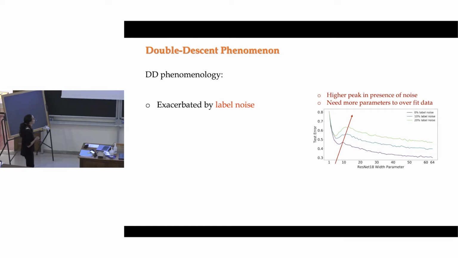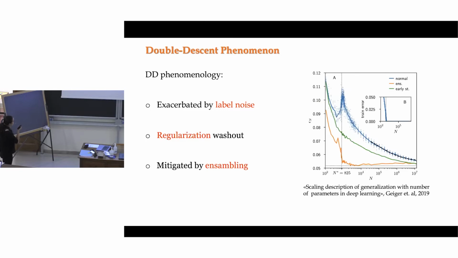This explains why the curve is moving up. And the reason why it's moving right is that you need to overfit noise too, so it takes a little bit more parameters to do that. End of the story.